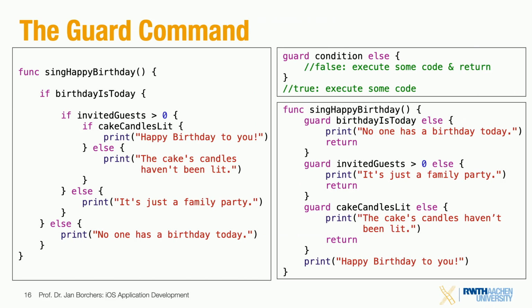And again, if the number of invited guests is not bigger than 0, then it's just a family party, and we return because we don't sing happy birthday at this point. Similar for the cake and candles. And if all of these conditions were true, then we print out happy birthday.